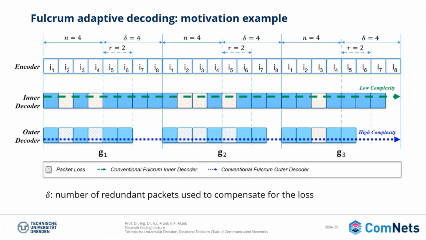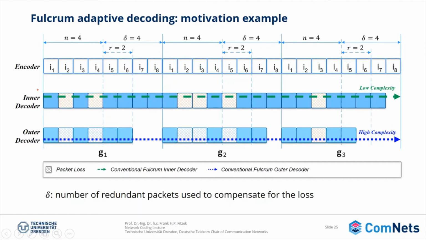So let's figure out an example where a sender tries to transfer 8 inner coded packets from different generations G1, G2, G3 throughout the network with different losses, and the receiver tries to recover 4 original packets in each generation. In original Fulcrum codes, the receiver should choose either the inner, outer, or combined decoder before decoding starts. It cannot be changed in the middle.